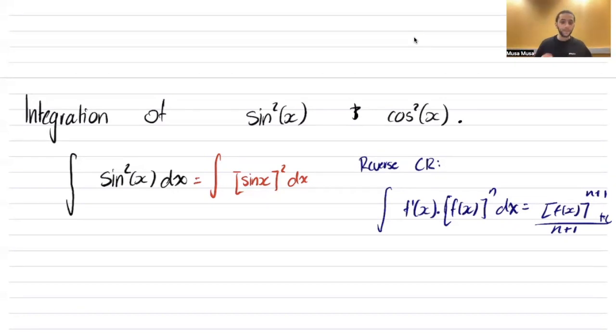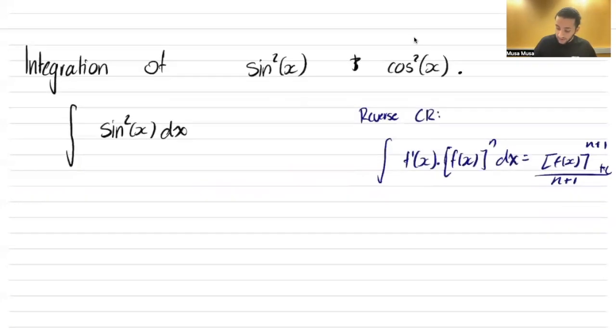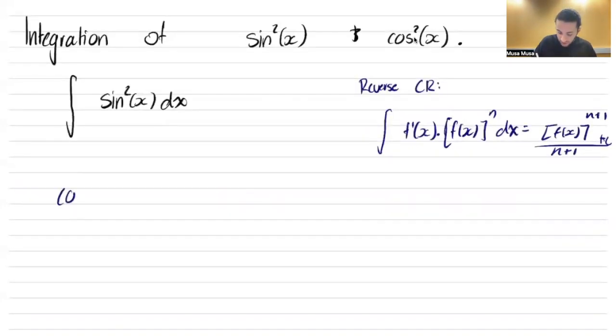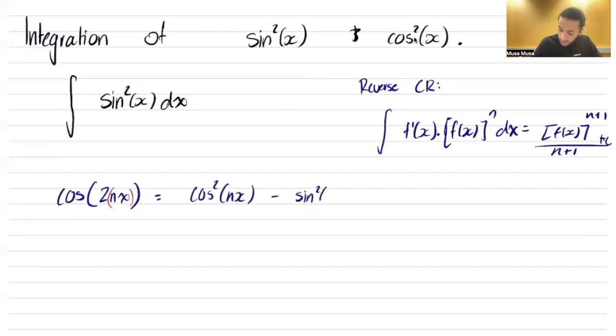Okay. So what's the method? Well, the method is to use our double angle expansions. Particularly, this is based off this expansion here. So cos of 2nx, consider this nx as sort of the argument, and you're taking cos of 2 times that argument. We know from our double angle expansions that this is cos squared nx minus sine squared nx.